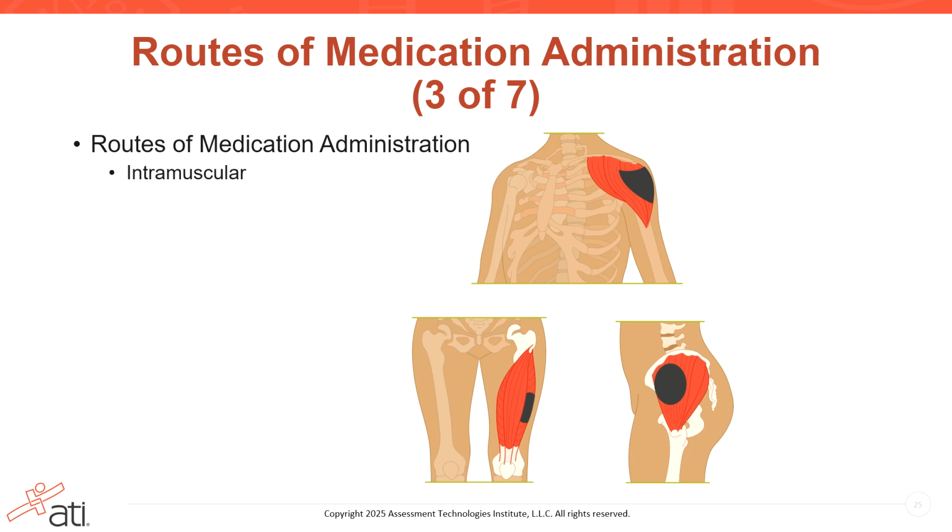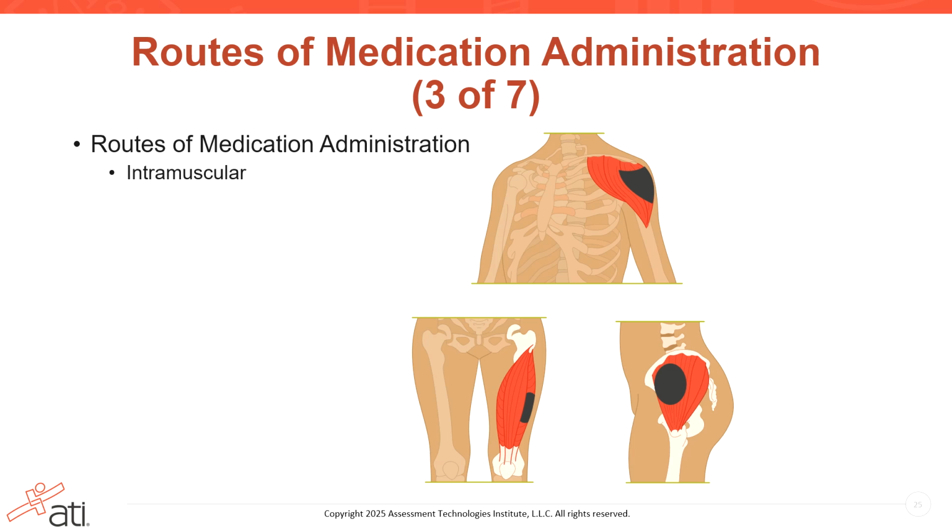Intramuscular is another form of parenteral medication. We can give it in the muscle: the deltoid, which is on your arm, the vastus lateralis, which is on the front part of your thigh, or the ventrogluteal muscles. Now, it's good because it can get through there pretty fast into the muscle.